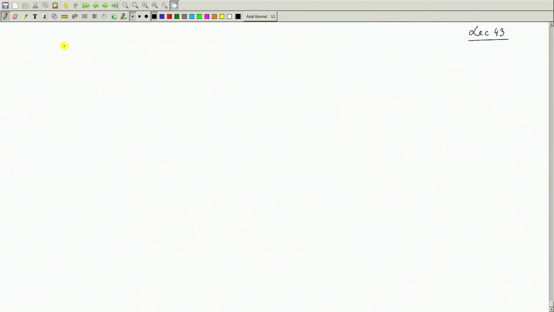like the unit step function, which is like this. This is u t. Then I told you about the unit impulse function.